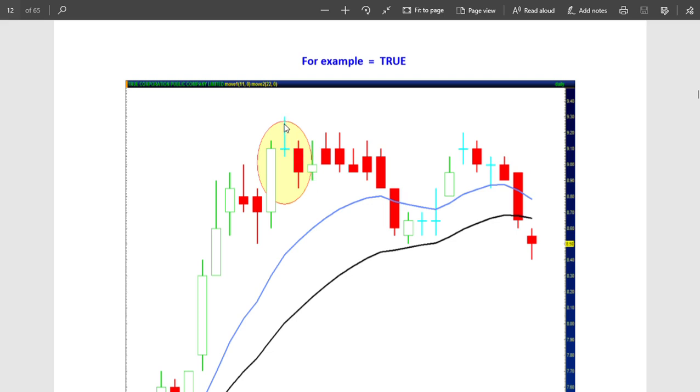If this is happening and you are seeing the size of a candle reducing up to this level, but the candle hasn't closed yet, don't rush and place a sell order. Wait for the candle to close, because the candle might go down like this and still go back up. So you have to wait for the candle to close first.